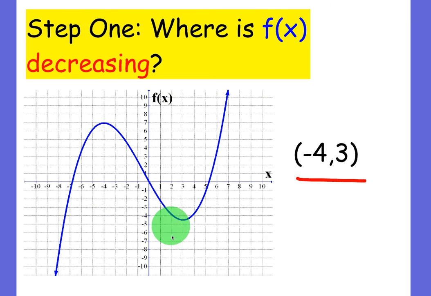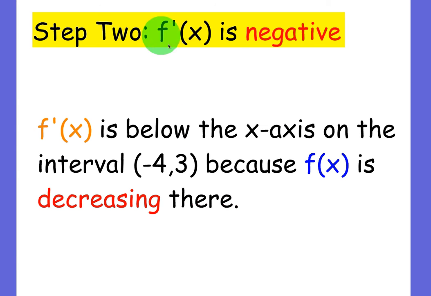Okay, so it's going to be down here somewhere. Doesn't mean it's going to be decreasing. In fact, the derivative could be increasing from negative 4 to 3, just so long as it's below the x-axis. So make sure you're relating step 1 to step 2. All we're saying is, since the original function is decreasing in step 1, the derivative graph is going to be below the x-axis from negative 4 to 3.